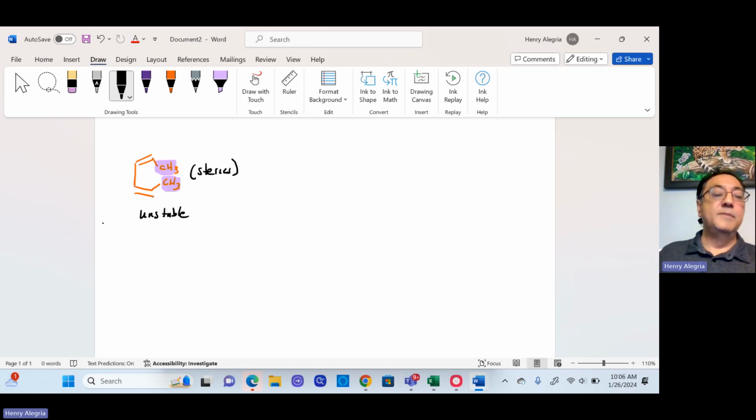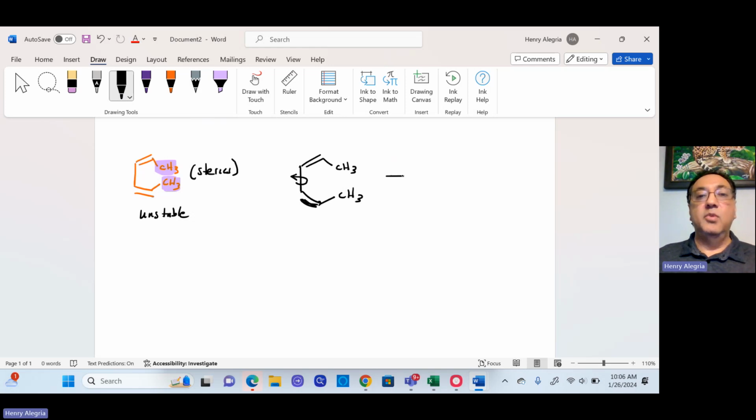So how does this molecule resolve that problem? Well, what this molecule is going to do is rotate. And we know that there's freedom of rotation about a carbon-to-carbon single bond. So you're simply going to get a rotation here.